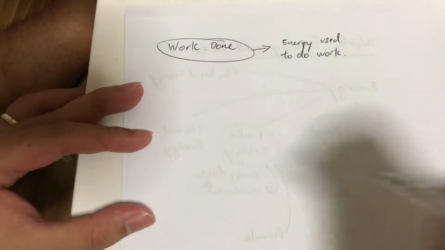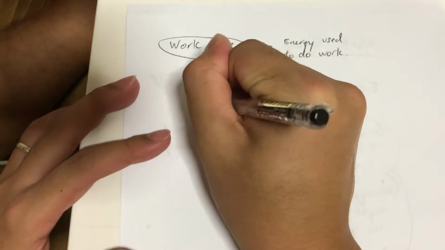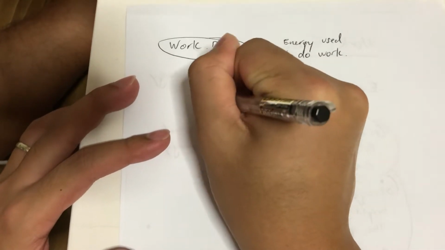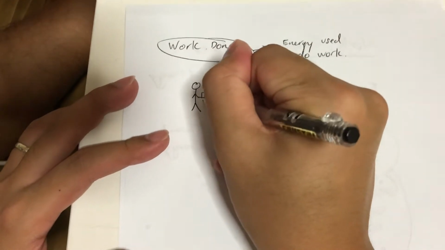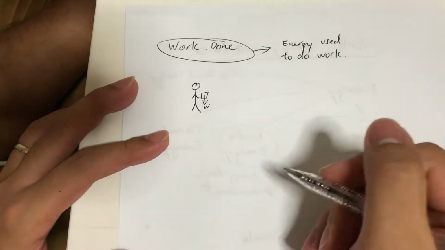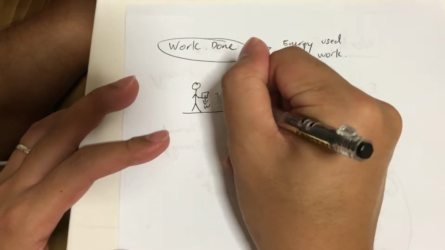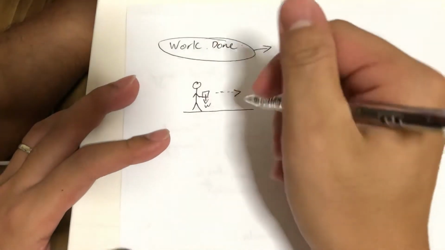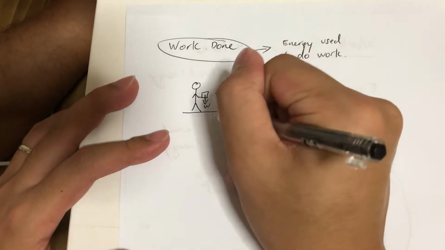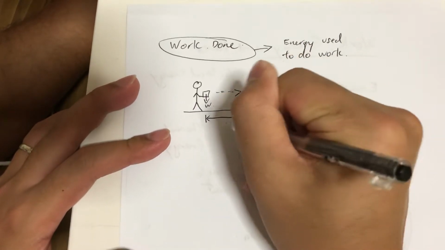Let me give you two examples. First, I have a person holding a box with his weight here, W. And I ask the person to move to the right. How far did the person move? The person would move maybe 3 meters.